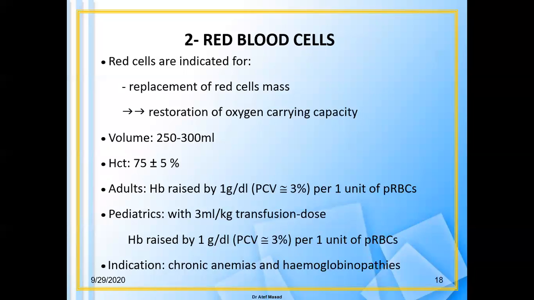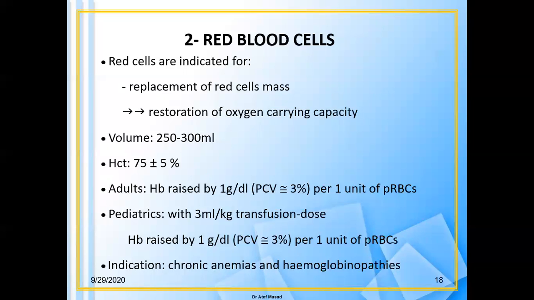When we talk about adults, we raise hemoglobin by 1 gram per deciliter per 1 unit of packed RBCs. But when you talk about pediatrics, it is related to the kilogram of weight of the child. For each 1 kilogram, we give 3 ml of transfused blood, and hemoglobin will be raised by 1 gram per deciliter according to his weight.